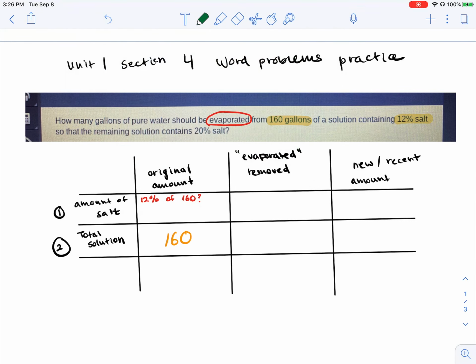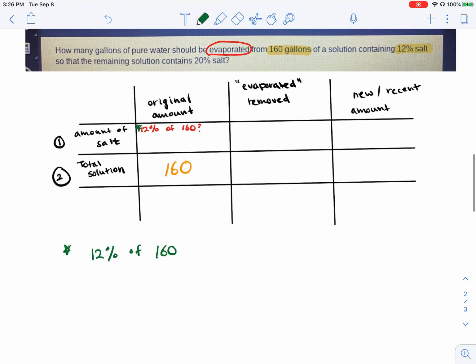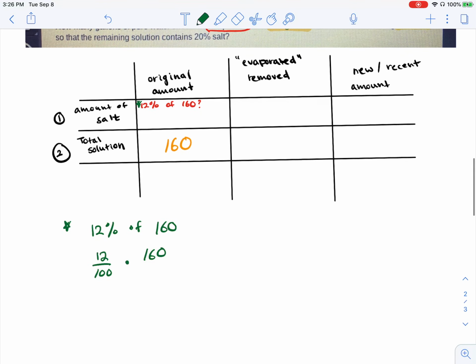I'll put a little star here so you know where to reference. We're going to get 12% of 160. 12% you can represent as a fraction, 12 over 100. Of, for an operation, is multiplication, 160. Or instead of a fraction, you can change it to a decimal, 0.12 times 160, and you can use your calculator.